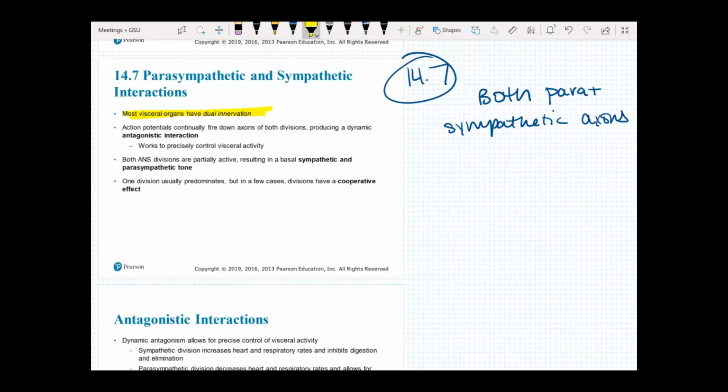So when the action potential travels down both divisions, it will produce what is called an antagonistic interaction. So it will essentially do both effects at the same time. It will turn on and it will turn off. However, one division will usually predominate. It will take over. But in some cases, it will actually have a cooperative effect.